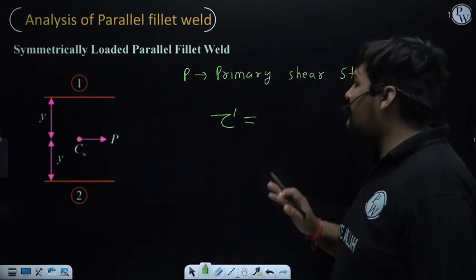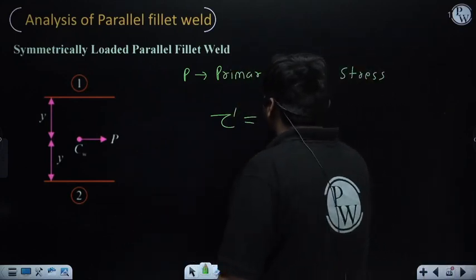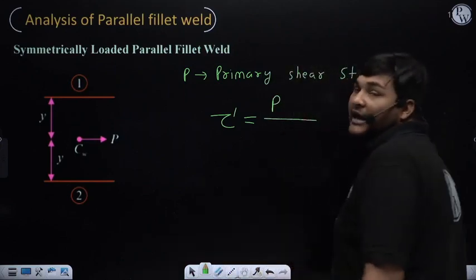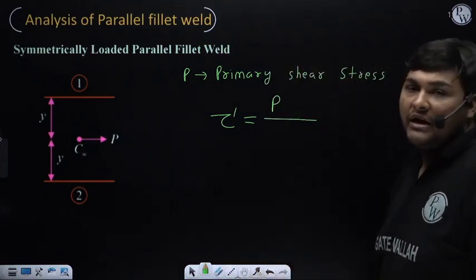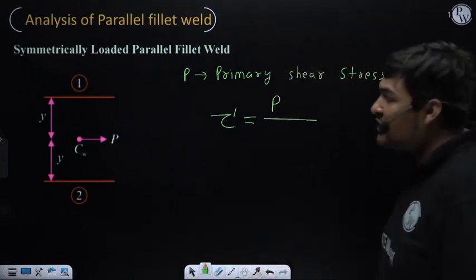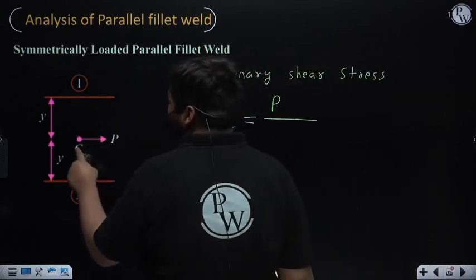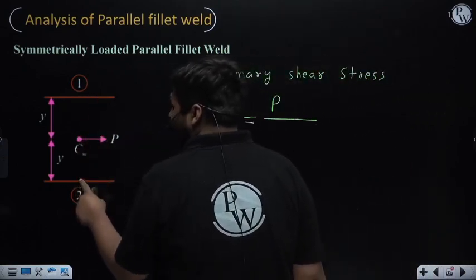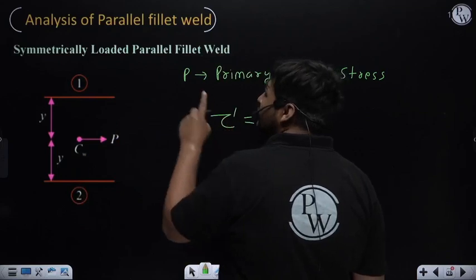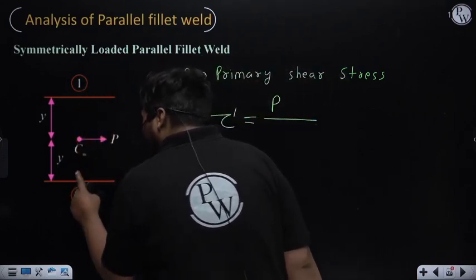The formula to calculate this primary shear stress is total force, which right now is P, divided by total throat area. Here the combined centroid is for both weld 1 and weld 2, so we have to take the total throat area of weld 1 plus weld 2.